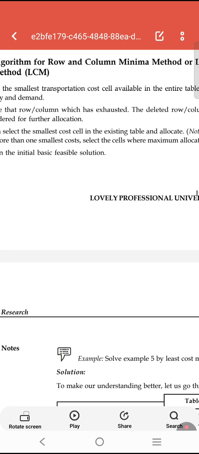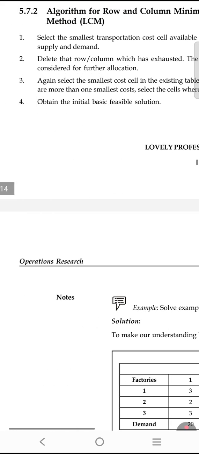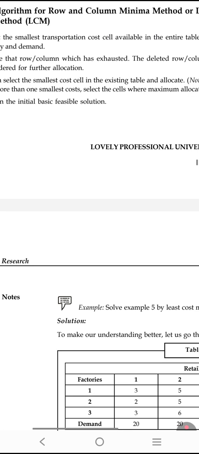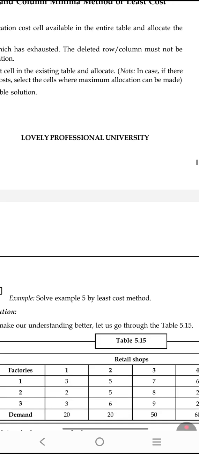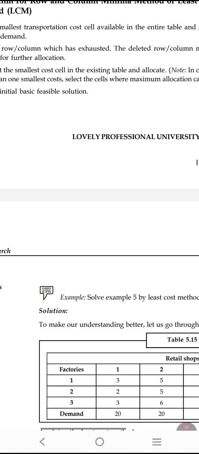Delete the row or column which has been exhausted, that is, where the supply or demand is fulfilled, and the deleted row and column must not be considered for further allocation. Again select the smallest cost cell in the existing table and allocate.